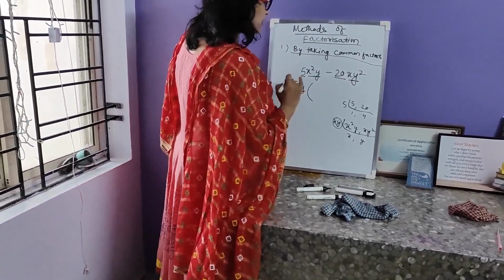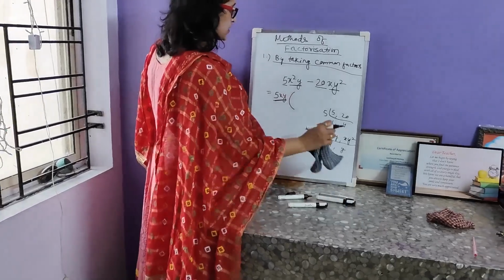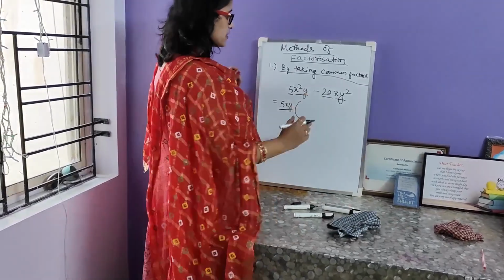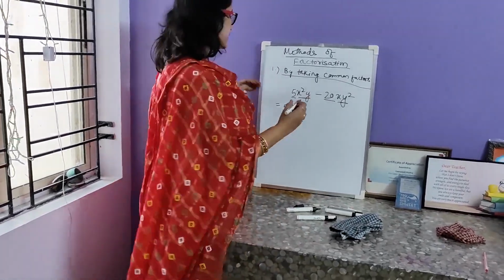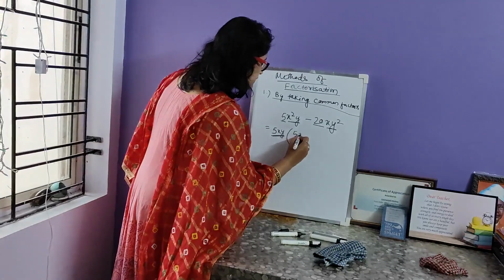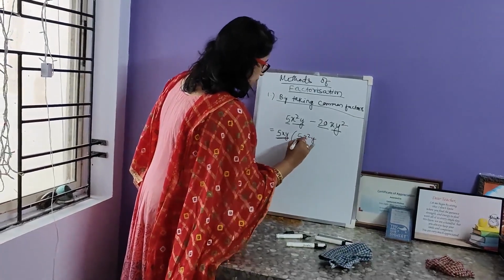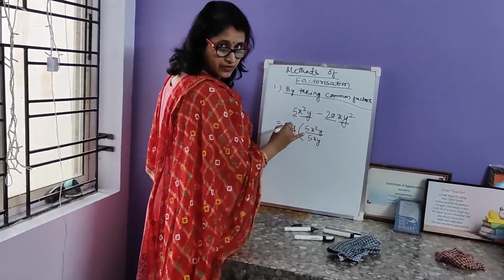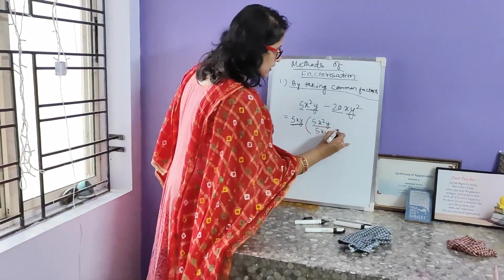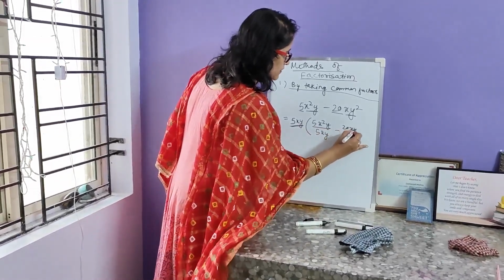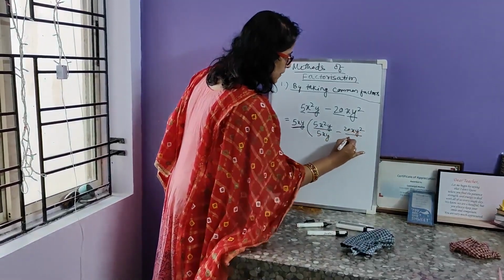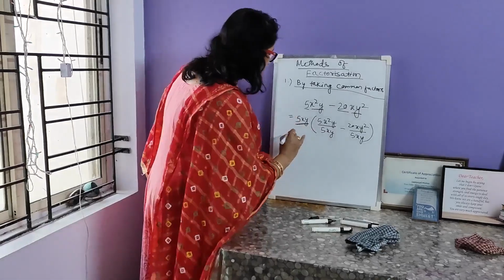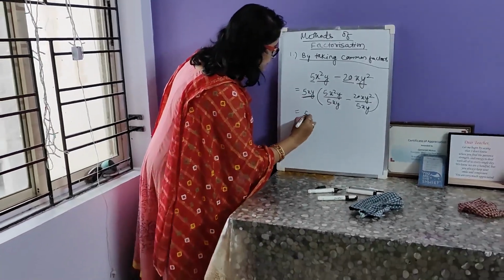Now how will we do it? We will write the common thing, and to find what remains, we divide. 5x square y divided by 5xy, because we are taking common, and here also 20xy square divided by 5xy. So let's write down 5xy.